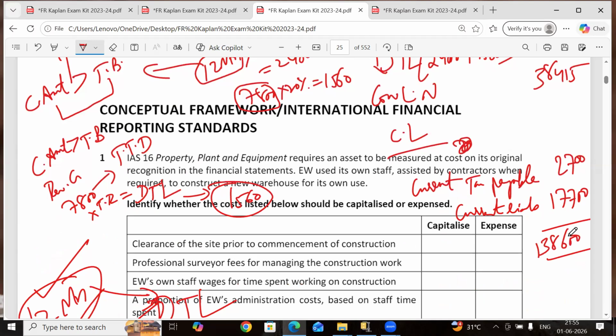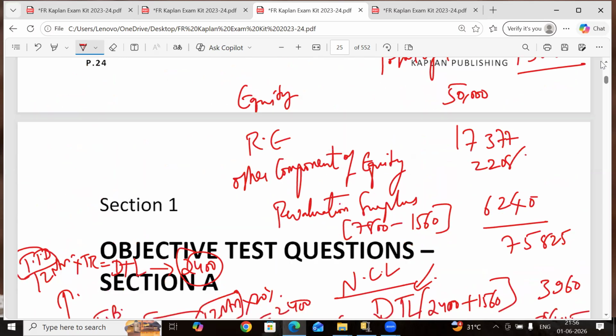So this is the total of equity and liabilities. Just check it. Any doubts, please tell me. Let me know. I'm just scrolling up.